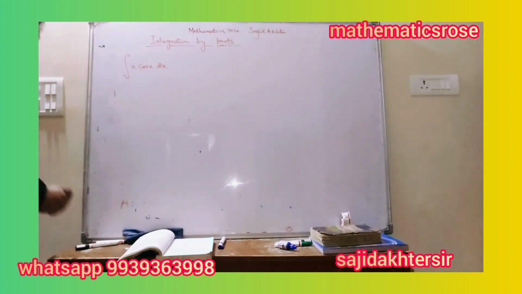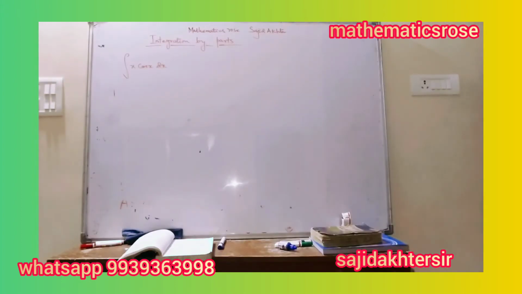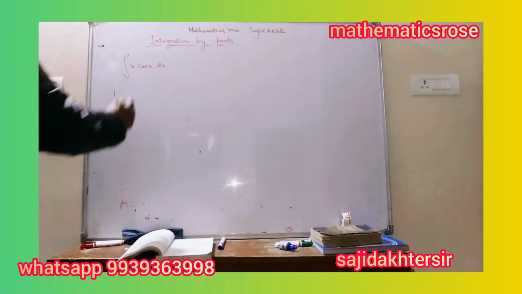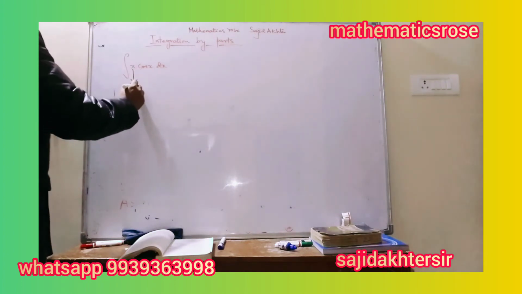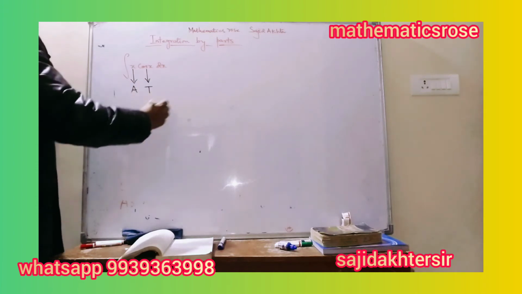This is the question, and we have to integrate it. First of all, we will understand which function is algebraic and which is trigonometric. It is quite clear that x is the algebraic function and cos x is the trigonometric function.